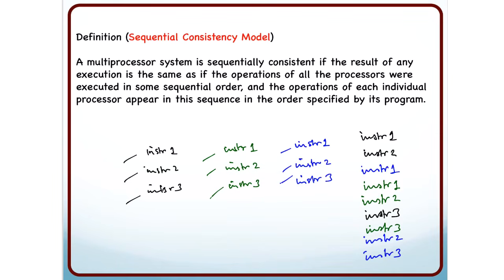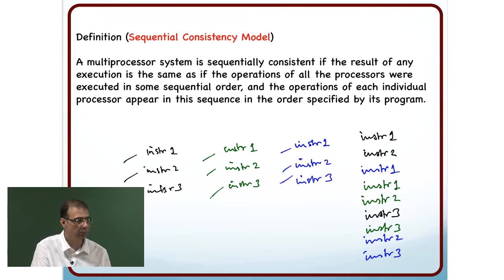It's just an interleaving of the instructions of the 3 programs with their order being maintained. So this is the sequential consistency model. As you can see, there are lots of orderings. They may produce different outputs, but the programmer has to understand that all these outputs are valid outputs.